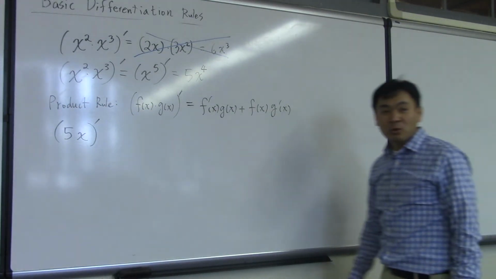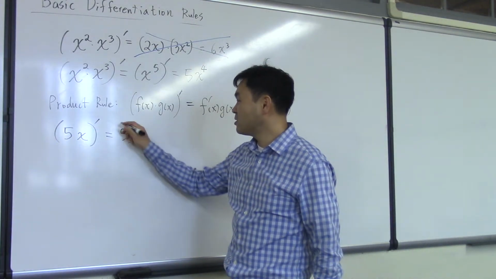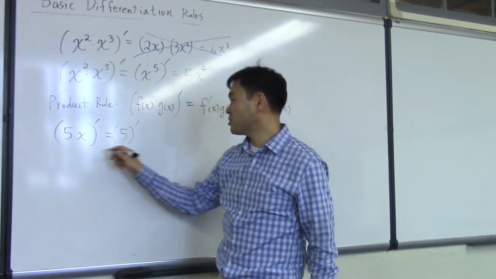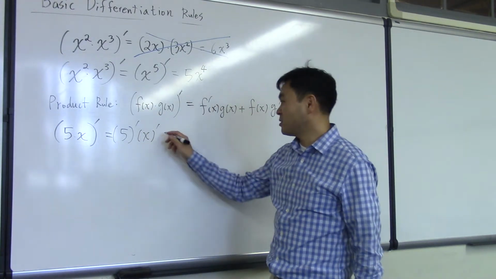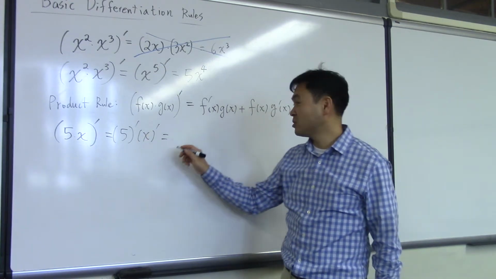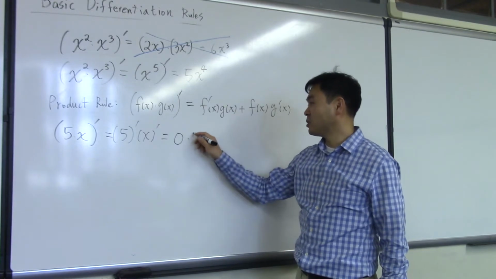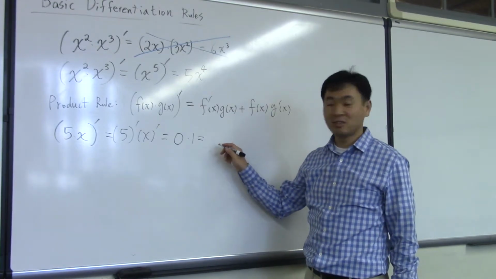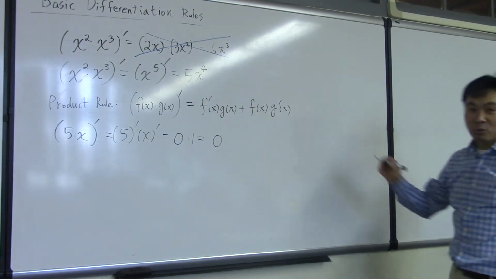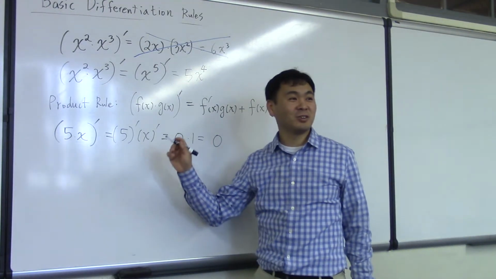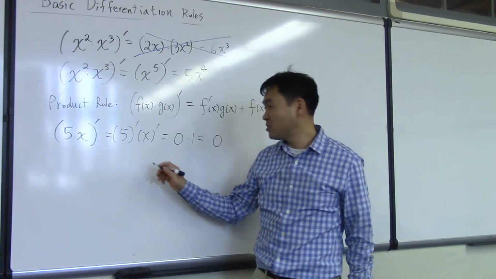Now, if you don't obey the product rule, you would be writing, well, why not just differentiate each individual one, right? And 5 differentiates to 0. x differentiates to 1. So the answer is 0. So you would think that that's the right one. However, this is wrong because you did not obey the rule. Okay? If you don't obey the product rule, you get it wrong.